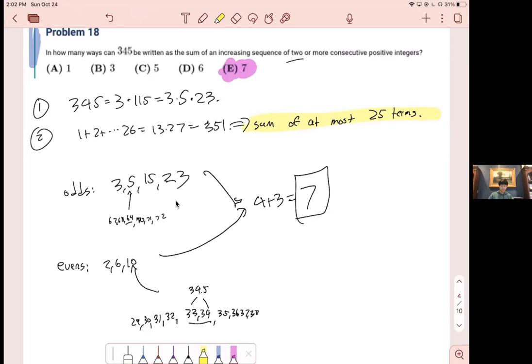Firstly, any sum which has more than 26 terms will fail, but for any m less than or equal to 25, if m divides 345, it will be fine.